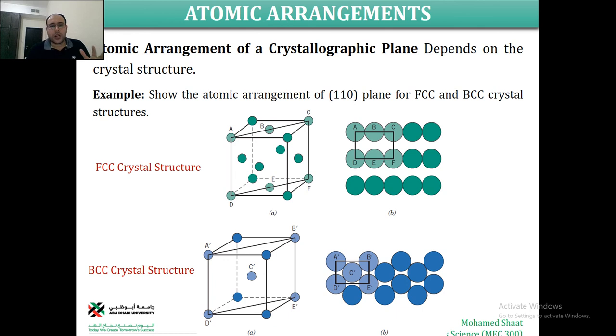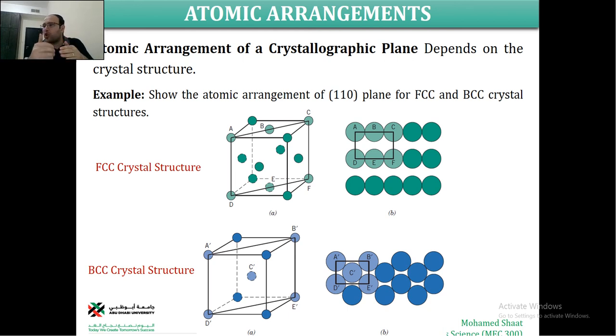Some of the properties are related to some specific crystallographic planes within the material, or within the crystal structure. Like if you have aluminum, which is made of FCC crystals, there are some specific things that usually happen to the atomic structure over a specific plane.